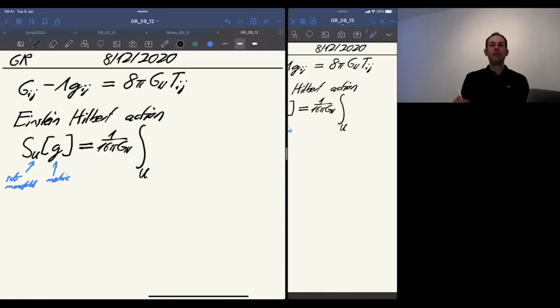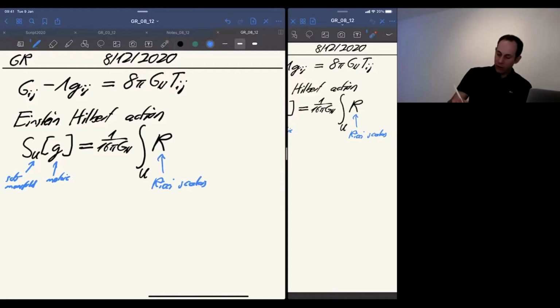Then we take an integral, and the integral is just over the Ricci scalar. Let me write this again, because it's almost the only thing that enters here. And then the volume form omega_g. You know any metric defines a volume form, and if you want to integrate, we need a volume form.